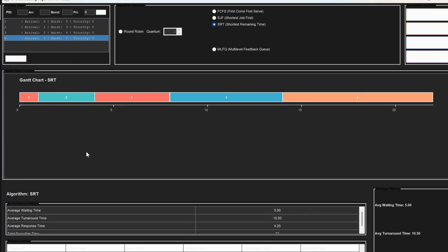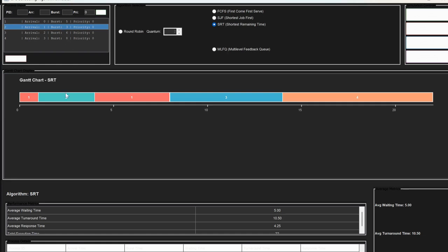So for time 0, only P1 is available, so it ran. And at time 1, P2 arrived with burst 3, P1 remaining 4, and P2 is shorter, which means P1 is interrupted.